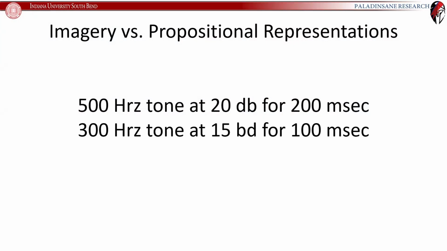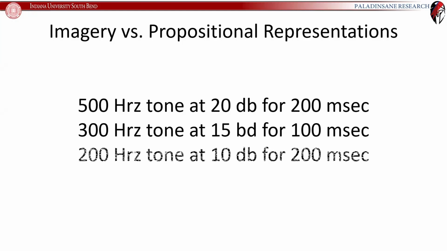Then that is followed by a 300 hertz tone at 15 decibels for 100 milliseconds. And then that's followed by a 200 hertz tone at 10 decibels for 200 milliseconds, and so on and so forth. You need a lot of propositions, but you can represent a sound in terms of just these amounts.